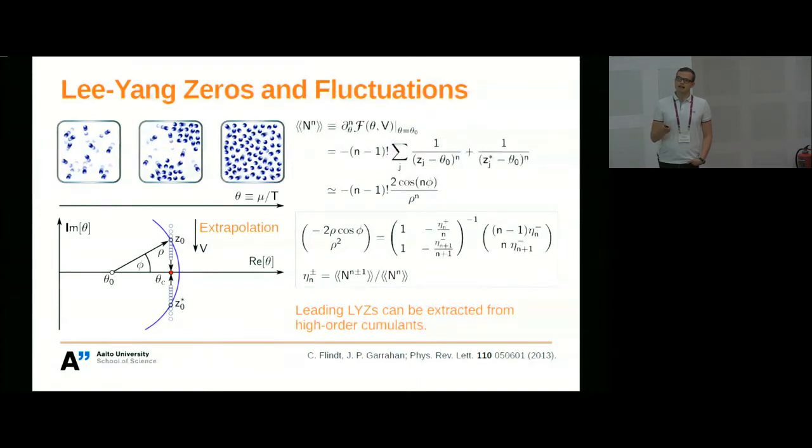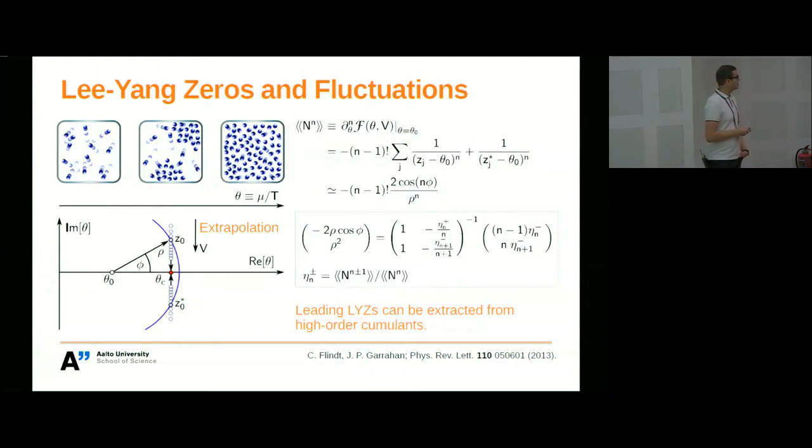We start with a gas, and as we increase theta, so as we decrease the temperature and come closer to the phase transition, clusters start to develop where the system is actually already in the liquid phase, and these clusters are immersed in the gas phase somehow. That means that the density fluctuations become very, very large at the critical point.